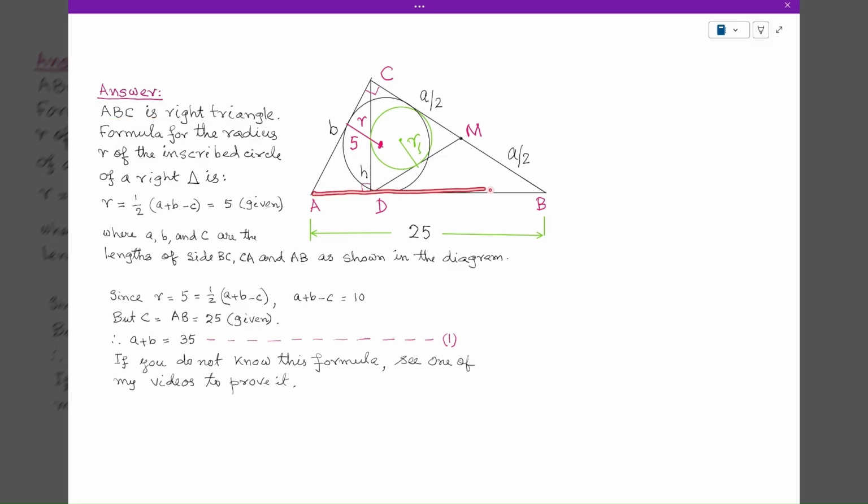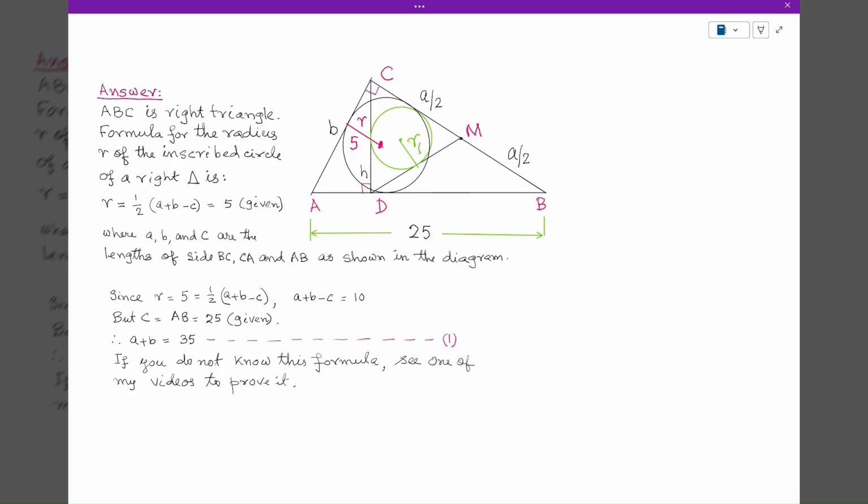That is, this is the right triangle with the right angle here at vertex C. The formula for the radius R of the inscribed circle of a right triangle is R equals half of (a plus b minus c), and that is given to be 5, where a, b and c are the lengths of the sides BC, CA and AB as shown in the diagram.